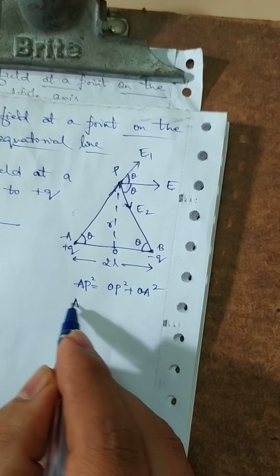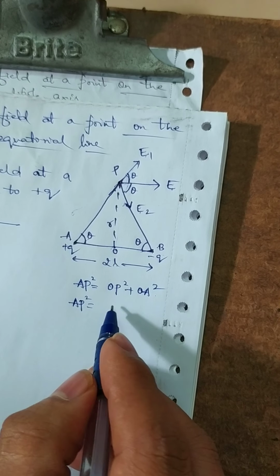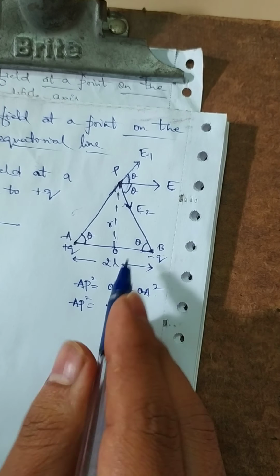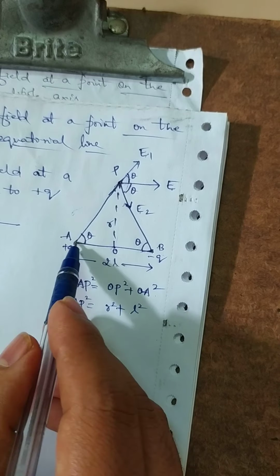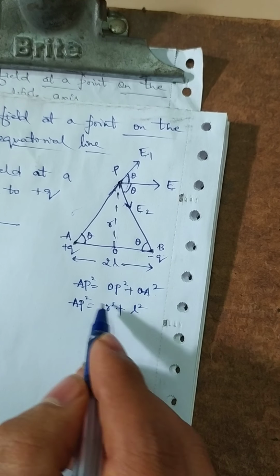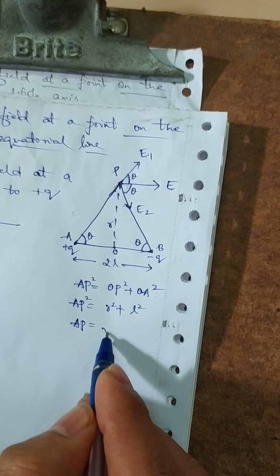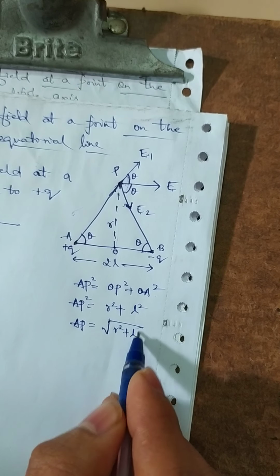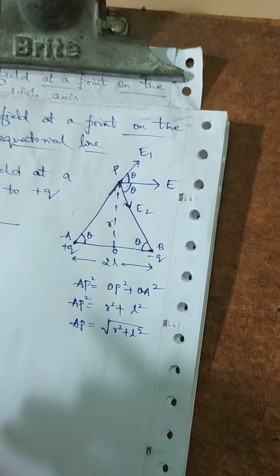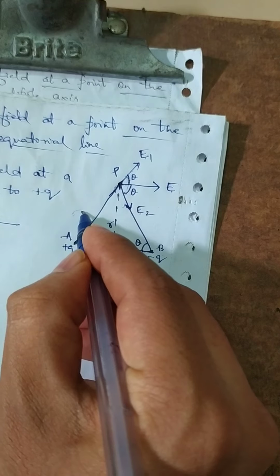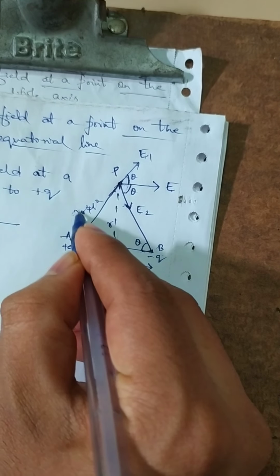OP is R and OA is L, since the length from here to here is L. So AP comes out to be the square root of R square plus L square.